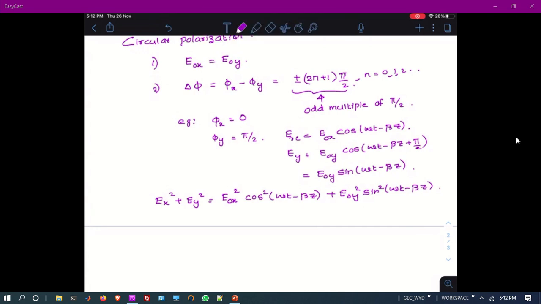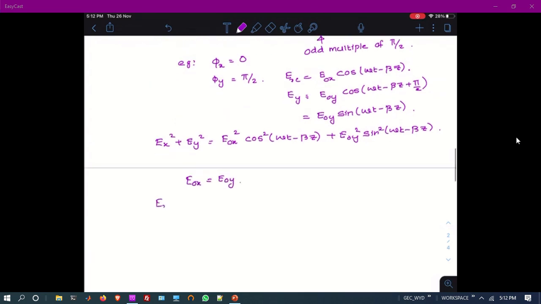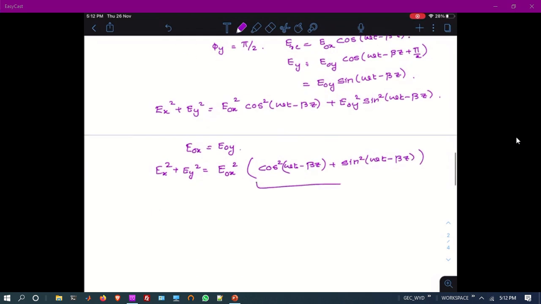So now we already know the condition Eox should be equal to Eoy. So I can write Ex square plus Ey square is equal to Eox square multiplied by cos square omega t minus beta z plus sin square omega t minus beta z. And we know that this quantity is equal to 1. So this is equal to Eox square.